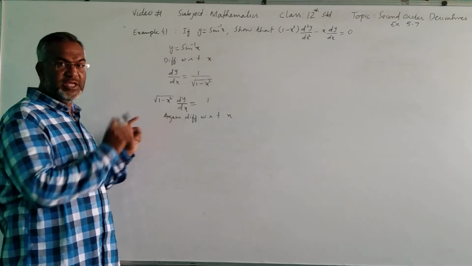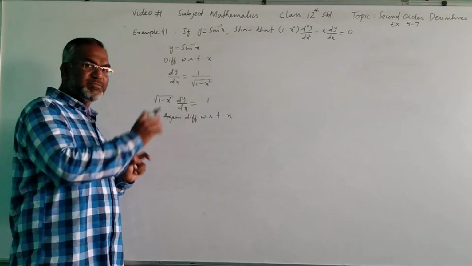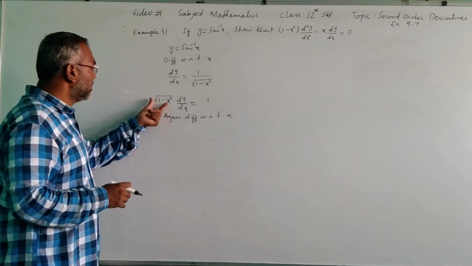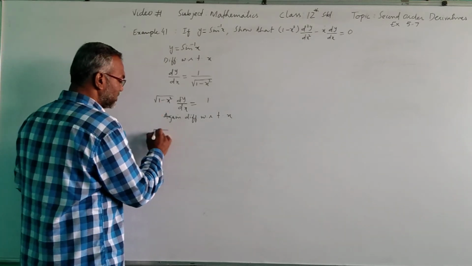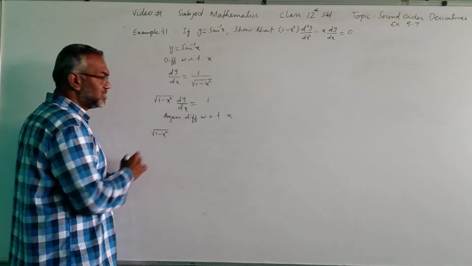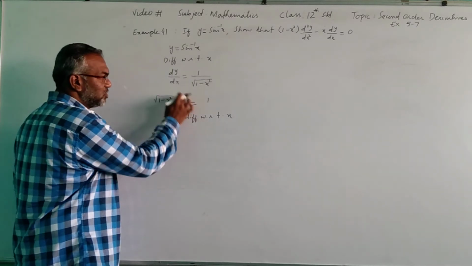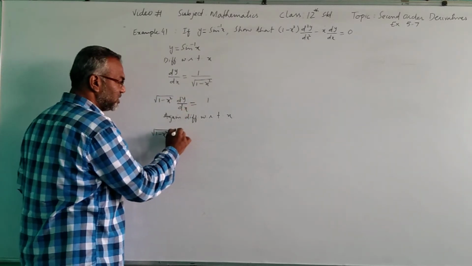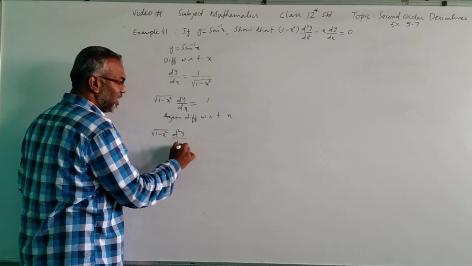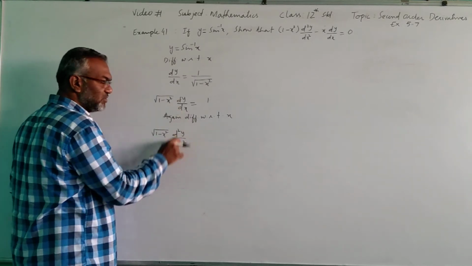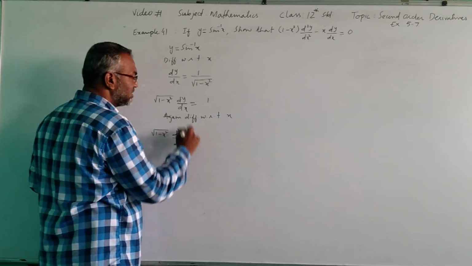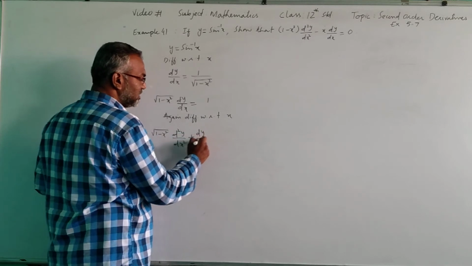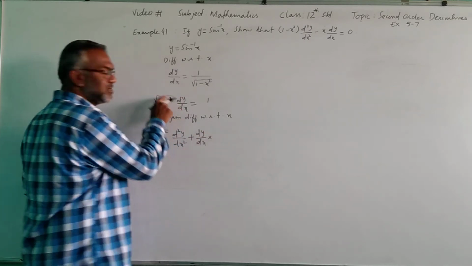First, U into dV by dx plus V into dU by dx. U is root 1 minus x square, U as it is, into dV by dx, the differentiation of V, so dV by dx is d square y by dx square. First function as it is, differentiation of second, plus second function as it is, differentiation of first.